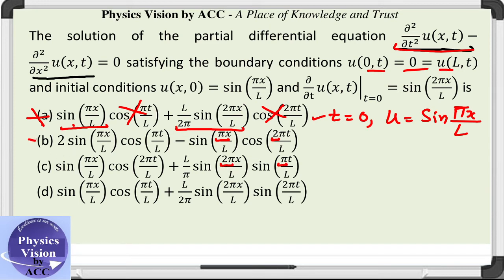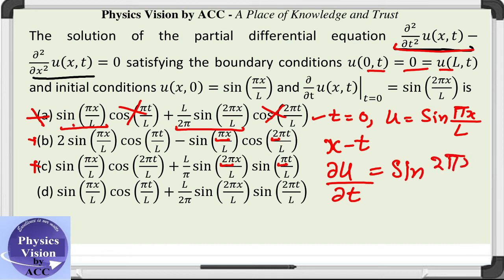So these two equations do not satisfy the condition of symmetry in x and t, because in the wave equation x and t should be on the same footing. Moreover, you can also cross check this condition by taking its derivative and putting t equal to 0 in that, whether we will be getting this factor or not. So you can cross verify this.